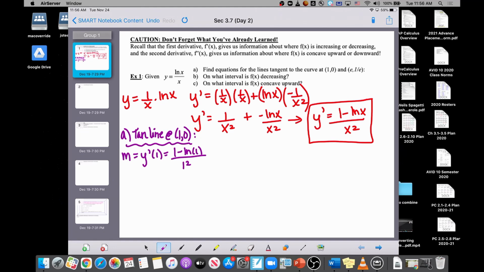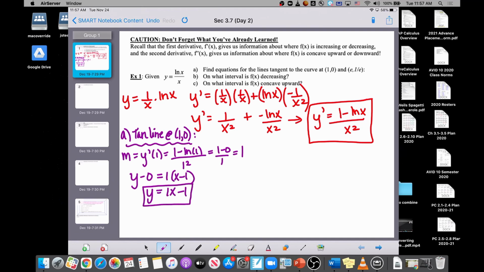And natural log of 1 is 0, so I get 1 minus 0 divided by 1, which gives me a slope of 1. So then my tangent line, if I use point slope form, is going to be y minus 0 equals 1 times x minus 1, which gives me y equals 1x minus 1. So there's the tangent line to the curve at (1, 0).